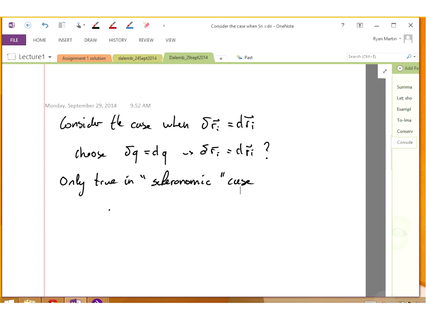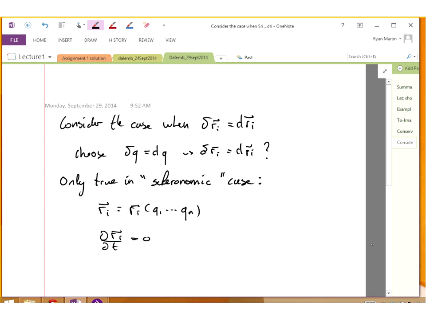If we write r_i as a function of the q_i's, and that transformation does not depend explicitly on time, we call that scleronomic.